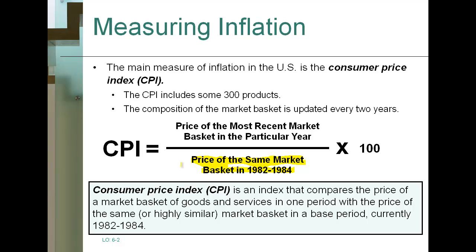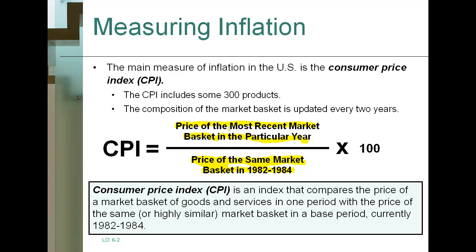Now, you take the same set of goods and services, the same 300 goods and services, and you find the average price in another year. Say it was 1992 or 2003 or 2012. You use that as your numerator. That's what we mean by the price of the most recent market basket in the particular year.